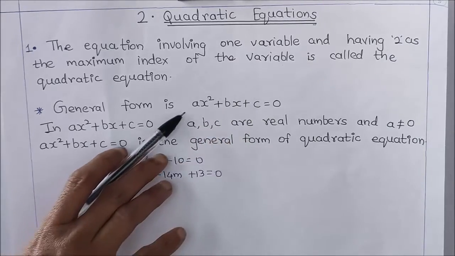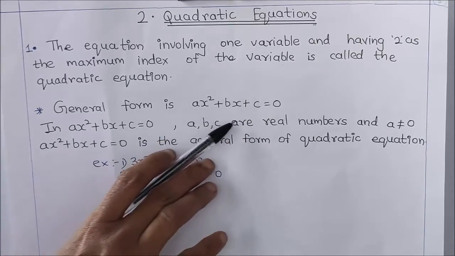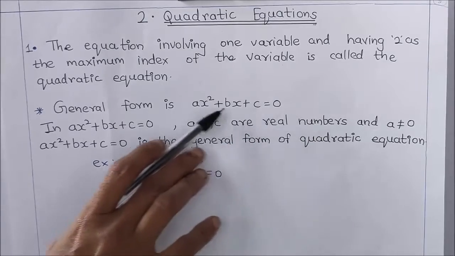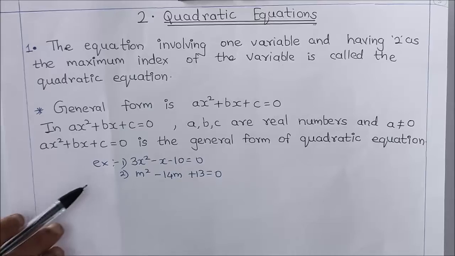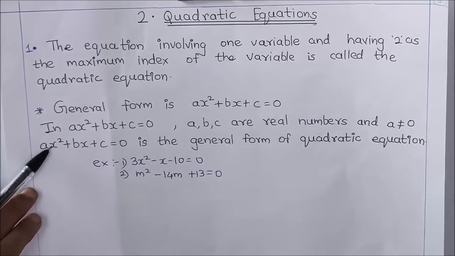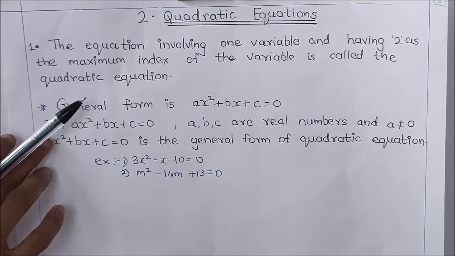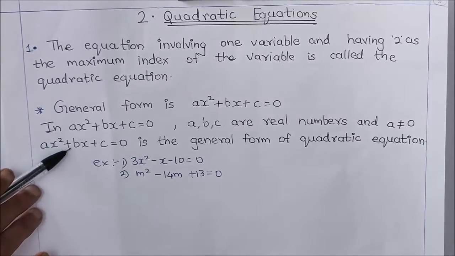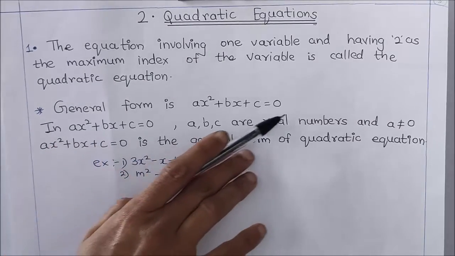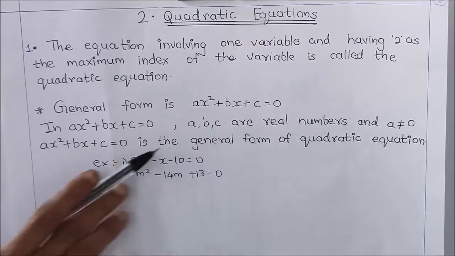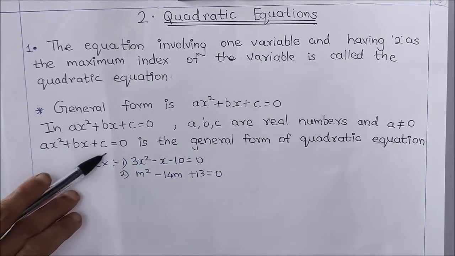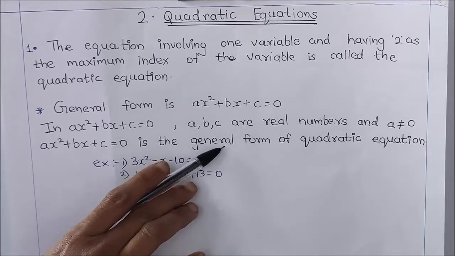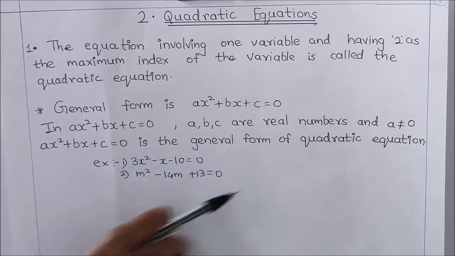In this equation, a, b, c are real numbers and a is never equal to 0, because if it becomes 0, we will just simply get a linear equation. So, in this equation, a is not equal to 0. Therefore, ax square plus bx plus c equals 0 is the general form of quadratic equation.